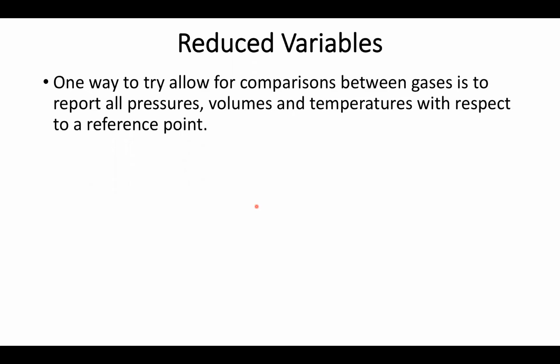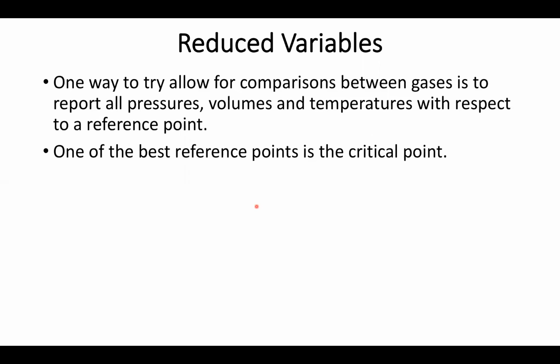So this gives us one of two key reference points we can make use of. One is called the triple point, which we'll refer back to later when analyzing states of matter. And the second is that critical point that we brought up earlier.